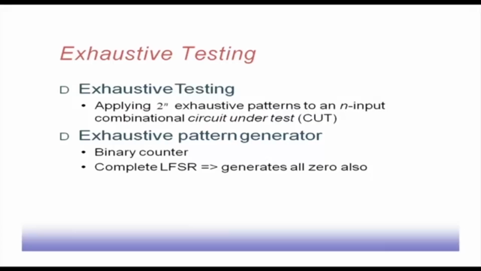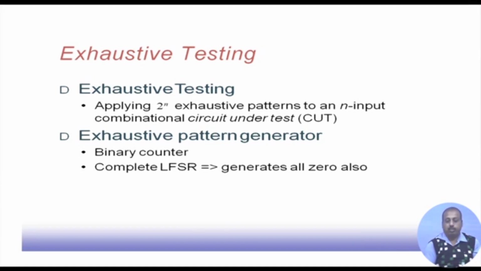So, we will look into many testing techniques for this BIST environment. The first one is known as exhaustive testing. Exhaustive testing means we apply 2 power n exhaustive patterns to an n input combinational circuit under test. For exhaustive pattern generation, there can be a binary counter.